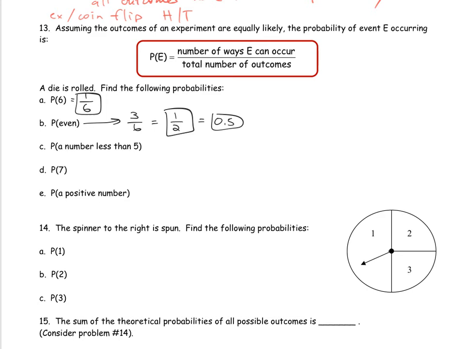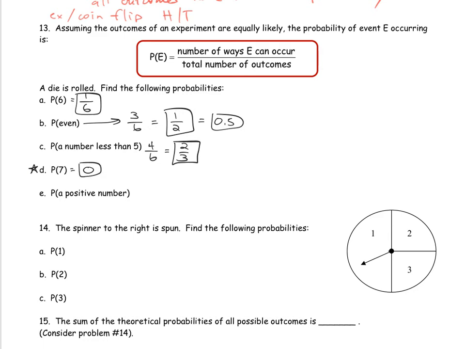Let's see, the probability a number is less than 5. So we cannot include 5 here. It has to be less than 5. So 1, 2, 3, and 4 all fit that bill, meaning we will have 4 outcomes out of the 6 possible outcomes, and that reduces to 2/3. Part D here, that's a special one. What is the probability you roll a 7? 0.